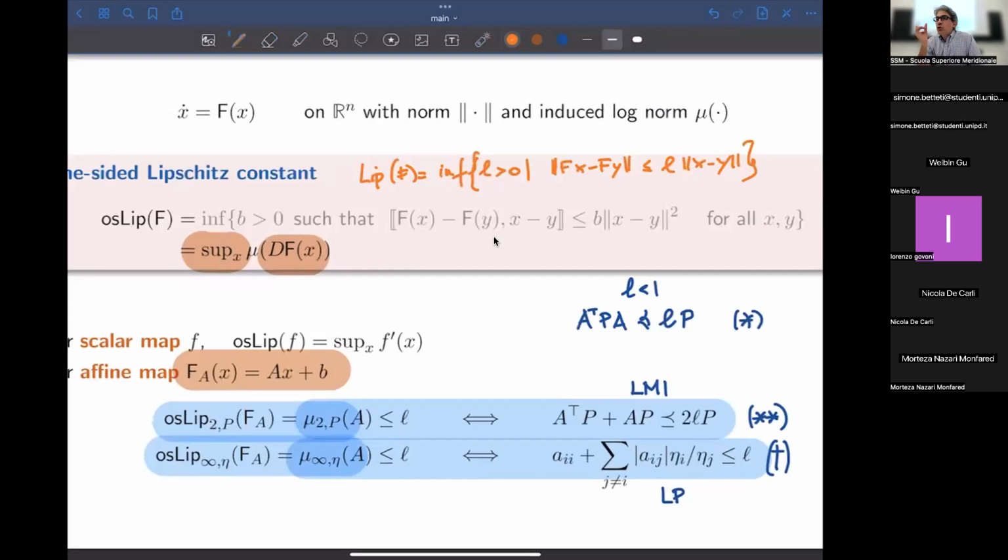The definition uses the notion of a variation. It's a theorem that gives you the condition of equivalence with the supremum of the induced norm of the Jacobian. But for the case of the one-sided Lipschitz constant, what is the condition that does not involve the Jacobian? How do you write that condition? In order to write that condition, which is here in gray, I need to introduce to you one more concept, a little detour.